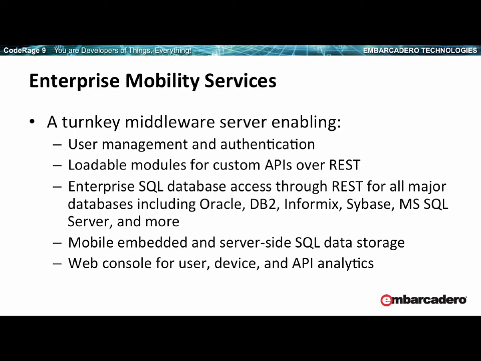But then we provide an additional mechanism to access that data through REST APIs. This is similar, if you use DataSnap, to how DataSnap publishes data through its middleware. EMS does the same using standard REST APIs.